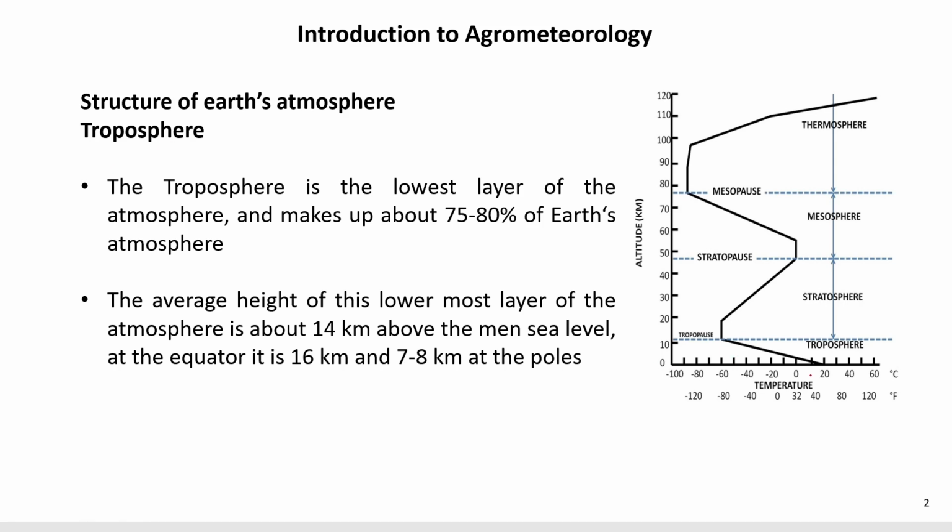Moving forward, the structure of the Earth's atmosphere. If we see the figure, we can see the atmosphere can be divided into certain layers. The first one is the troposphere. Second is the stratosphere. Third is the mesosphere. Fourth is the thermosphere.